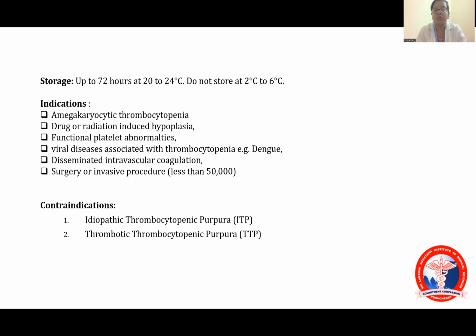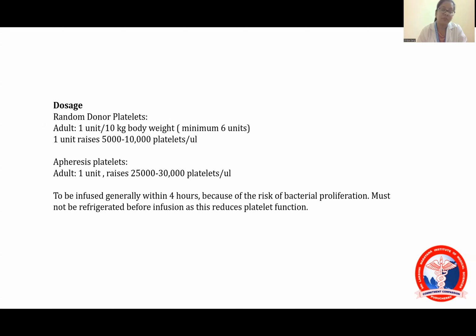Next is surgery or invasive procedure when the platelet count is less than 50,000. Contraindications are ITP and TTP, that is idiopathic thrombocytopenic purpura and thrombotic thrombocytopenic purpura.